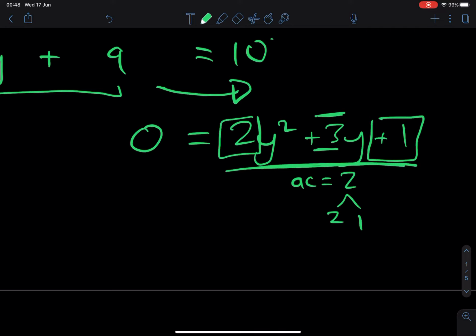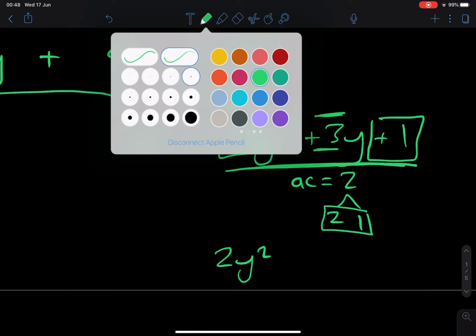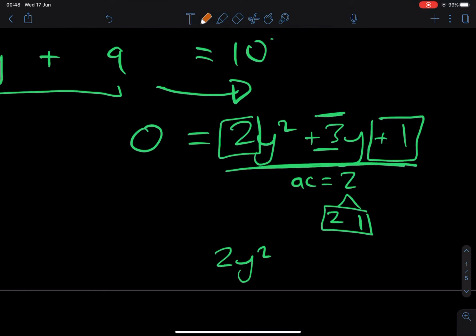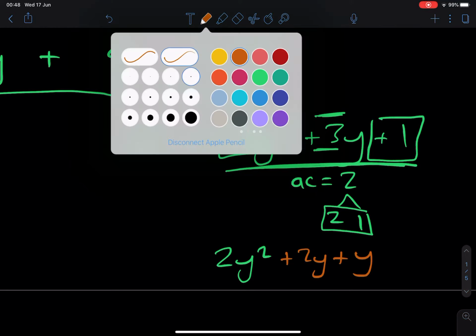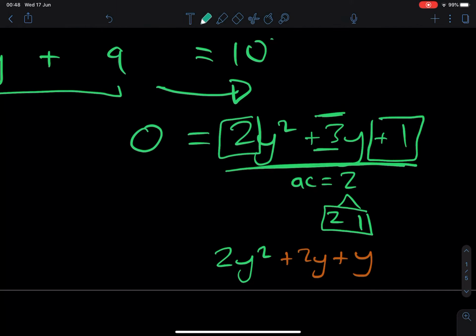But instead of writing it down with 3y, I'm going to write 3y as a combination of 2 and 1, i.e. 2y squared stays the same. And instead of writing plus 3y, I'm going to break it down into plus 2y plus 1 plus y. Then just carry on as normal. Plus 1 is equal to 0.